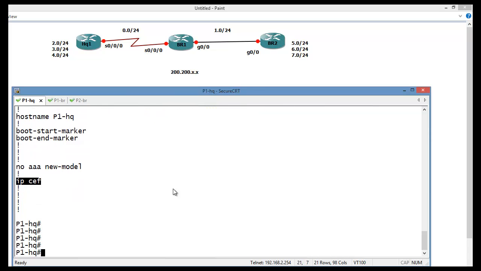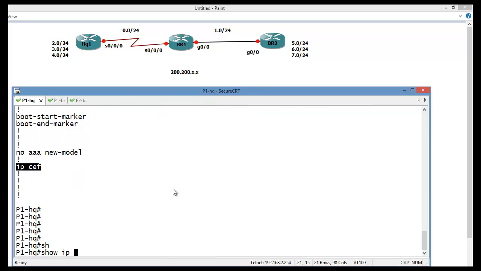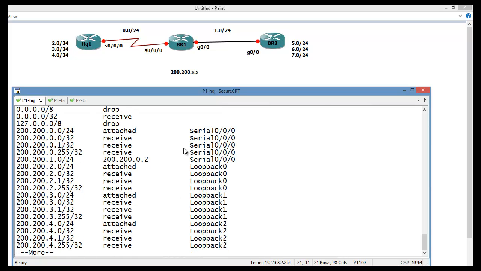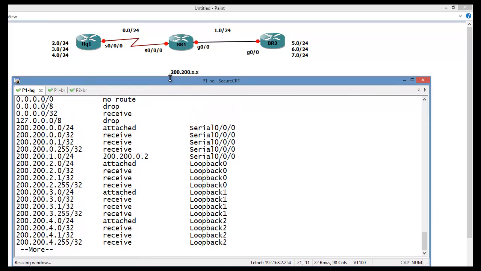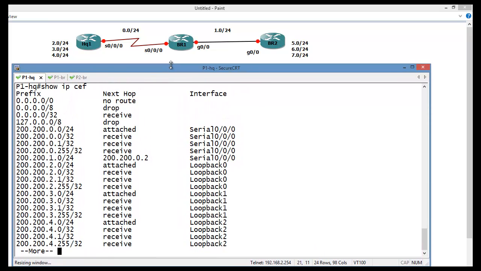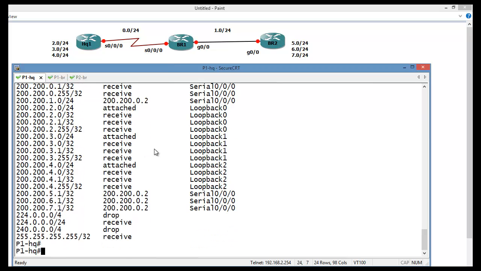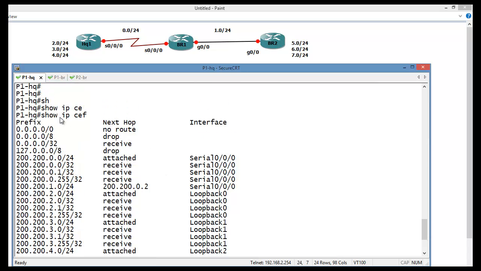Let's verify. Show ip cef, and let me make it a little bit larger to show all of this. There we go. We can see the prefix 0.0.0.0, where no route exists, meaning the default route.